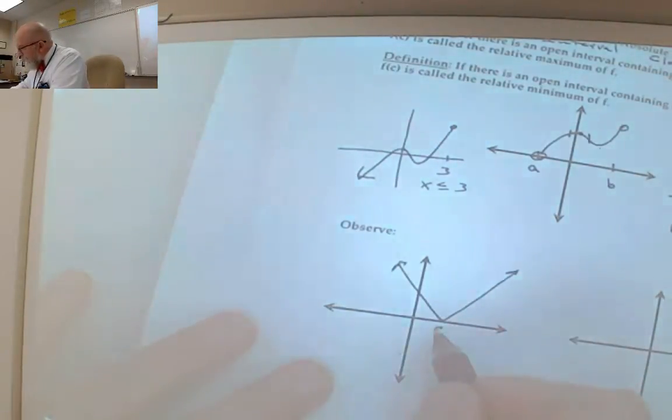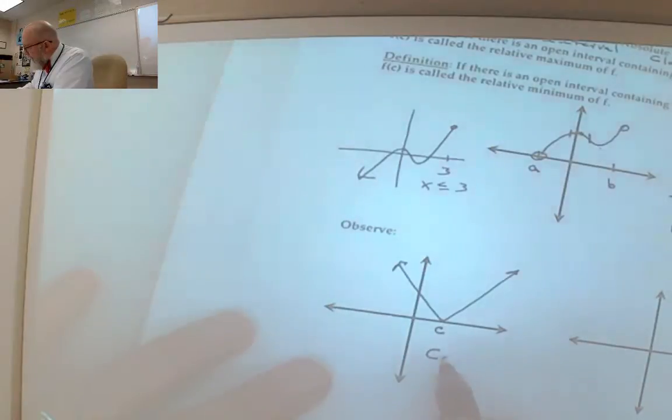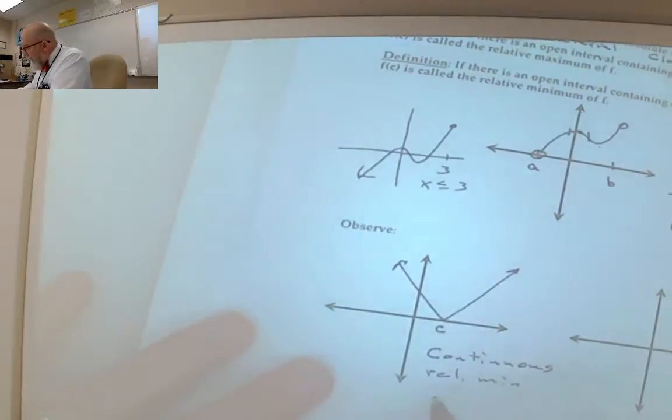Right here is C. This is continuous, correct? It has a relative min. In other words, f of c, in this case, equals 0 because it touches the x-axis.